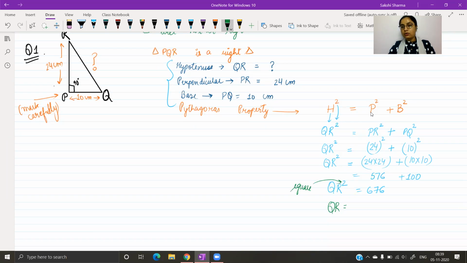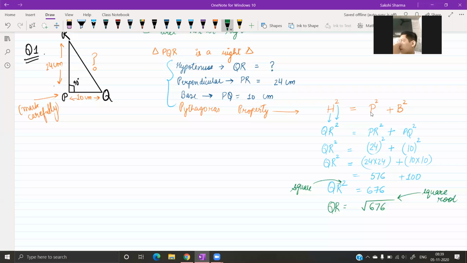So when the square goes to the other side, when the square is transposed, you get a square root. The square root looks like a division sign, but it's not a division sign. The division sign is a little rounded; don't make it round, make it sharp.